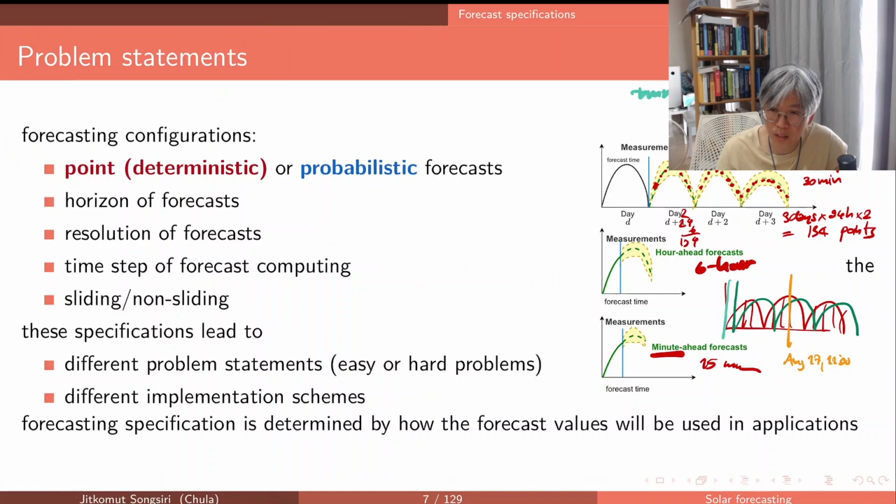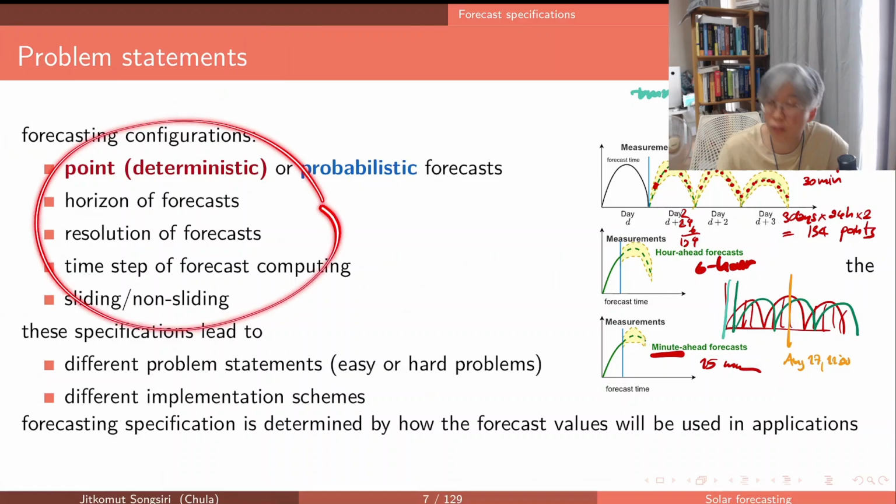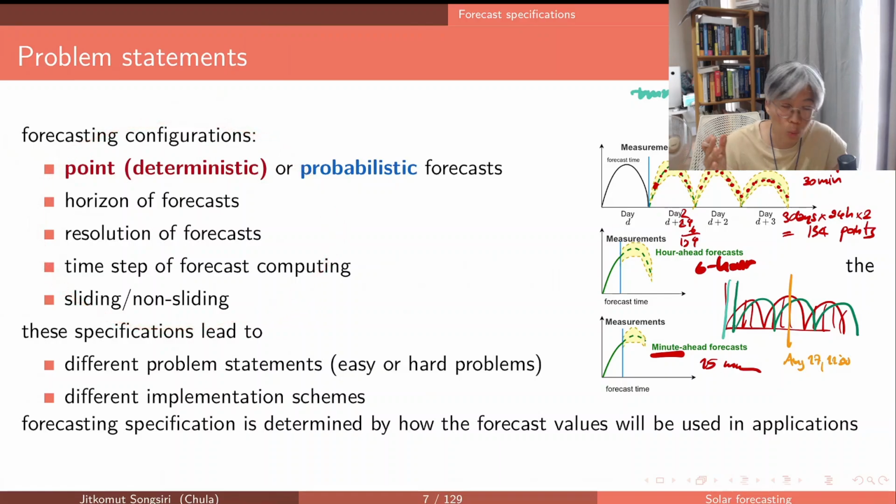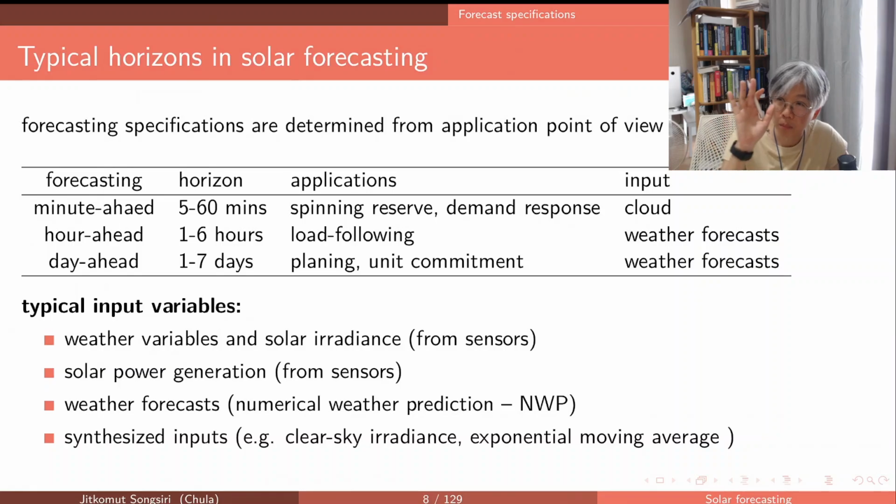The question can be answered simply by following common practice. When you develop something, you're going to use it for some application. So this specification is not something that you just make up. It should be traced back from the application, how people are going to use these forecasting values.